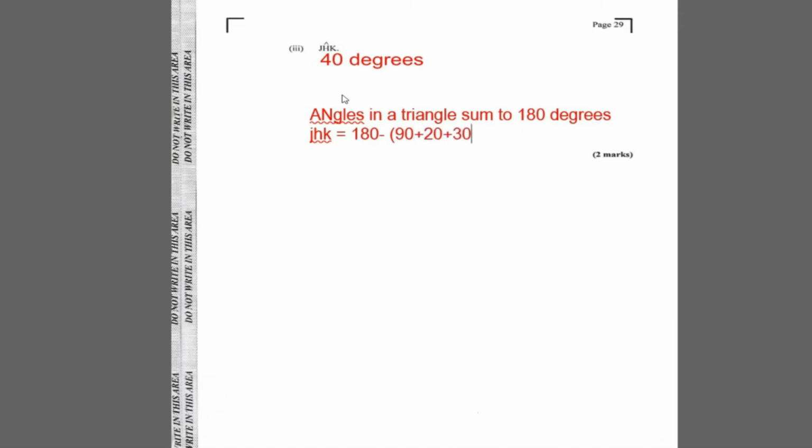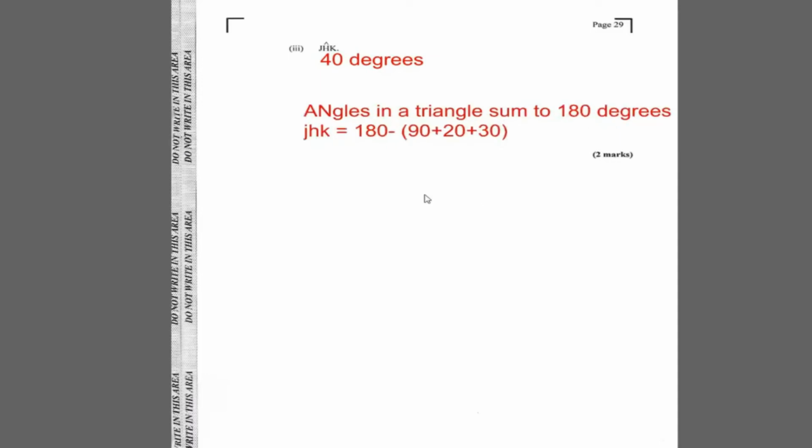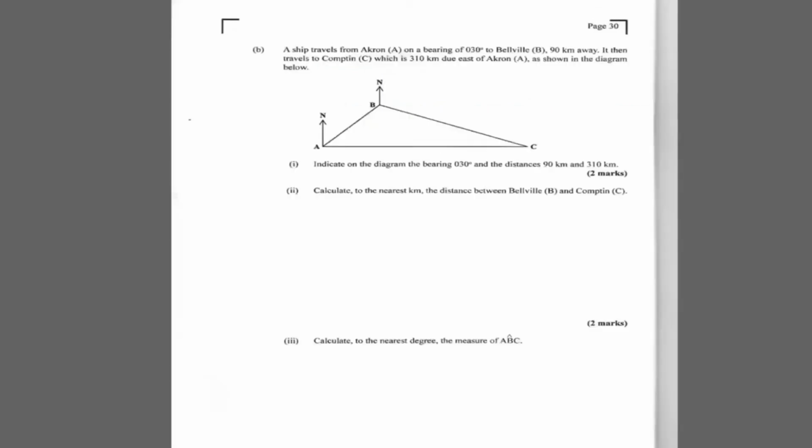So that's how we end up getting that to be 40 degrees. So this was a very easy question. Nice. I'll finish that and now move on to the final question of the paper.